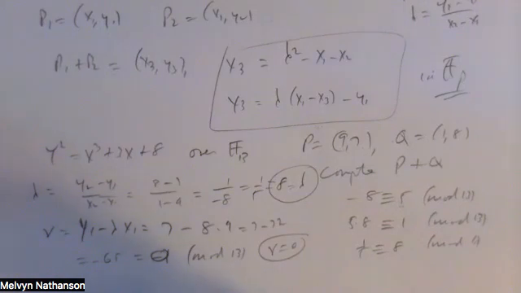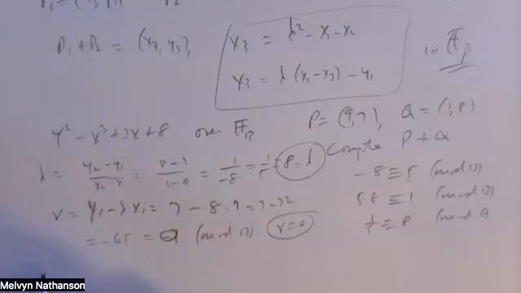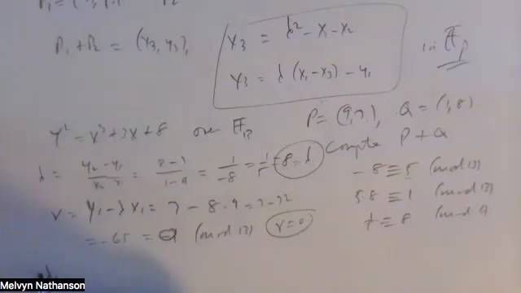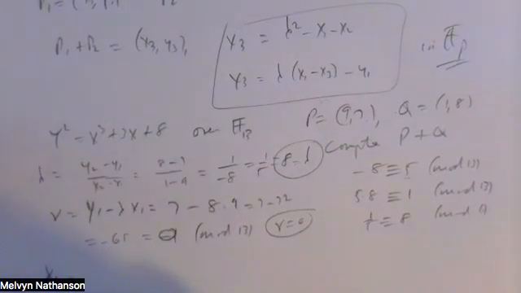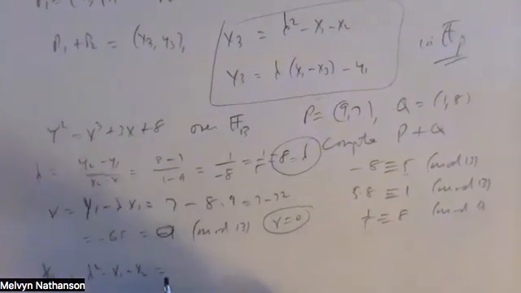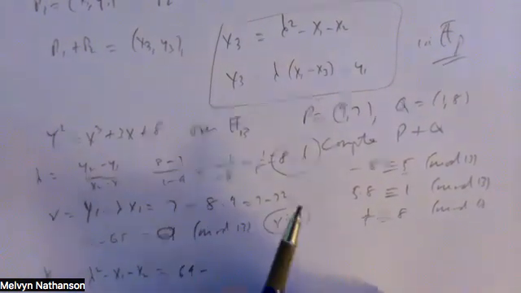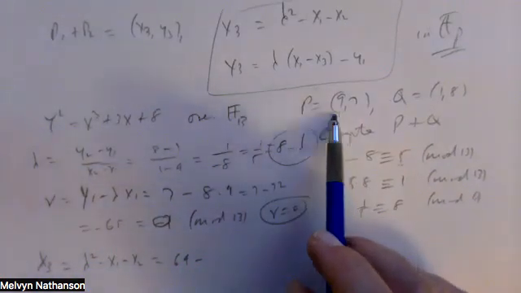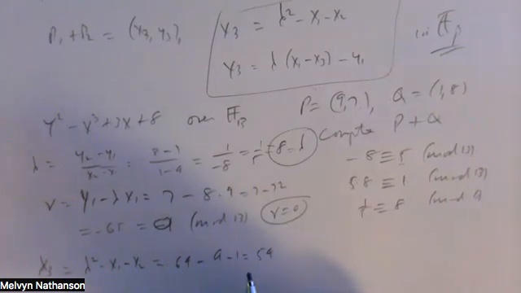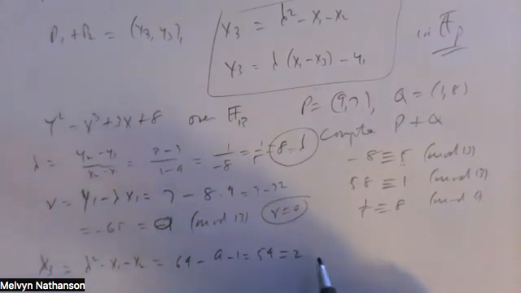Nu is 0. So x3, actually I didn't even need the nu for this, but x3 is lambda squared minus x1 minus x2. Lambda squared is 64 minus 9 minus 1 is 54. Mod 13, that's 2.